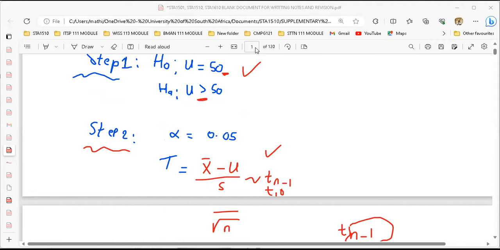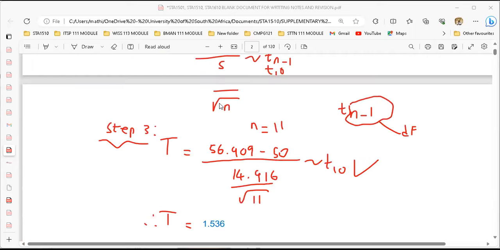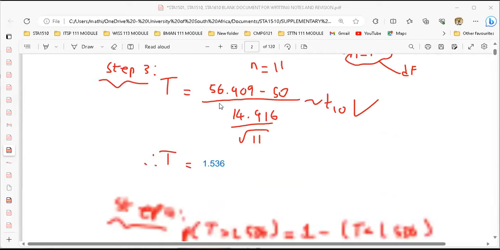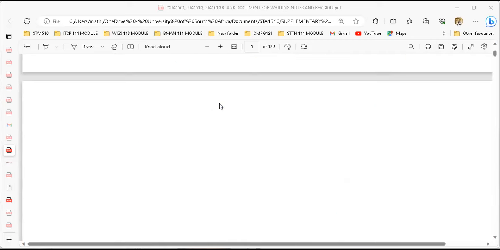Time series is for those doing STTN111, STTN122, STA1502, and 1503 time series and forecast. But for those doing STTN122, you are not doing the forecast and so on. All right, I think now we can start.